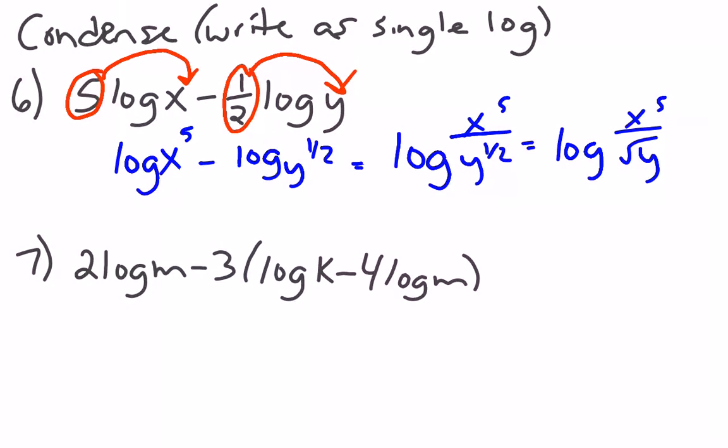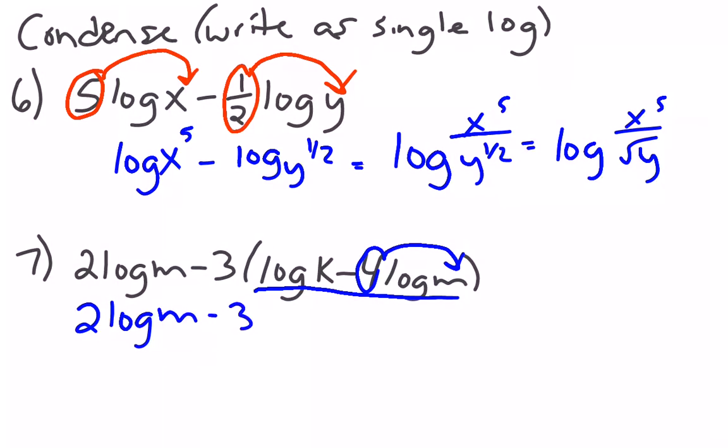The next one, let's start with the inside of the parentheses here. So I notice I have this 4, which is going to come inside as an exponent, and also that I have subtraction, so that means it's going to be rewritten with division. So log 2 log m minus 3 times, I'm going to condense all of the stuff on the inside of the parentheses, log of k over m to the 4th.